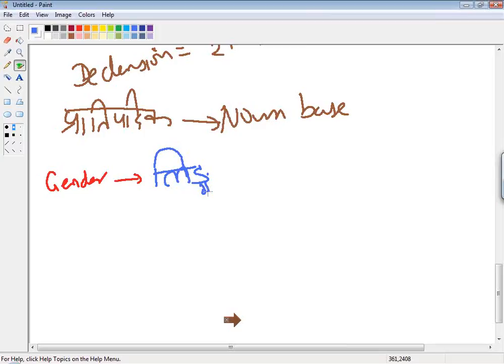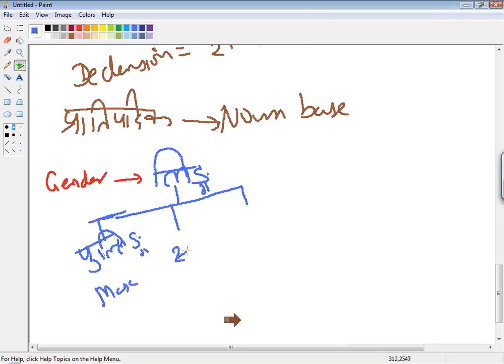What are the 3 lingas that we know of now? You have what is called pumlinga, which becomes pullinga. What does pullinga mean? Masculine. Then we have strilinga. What does it mean? Feminine. And then we have what is called the napumsaka.